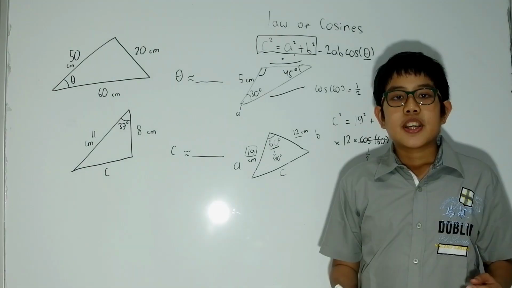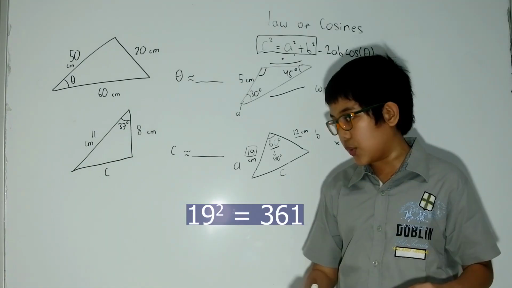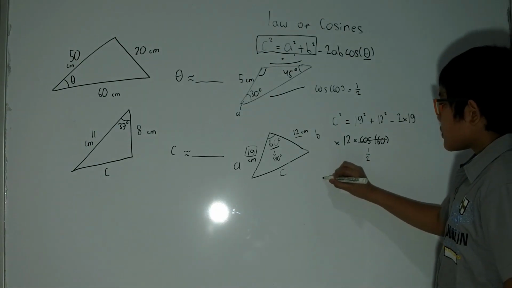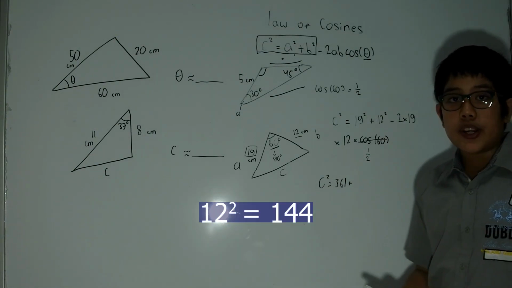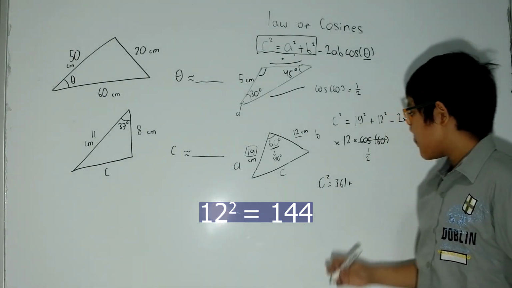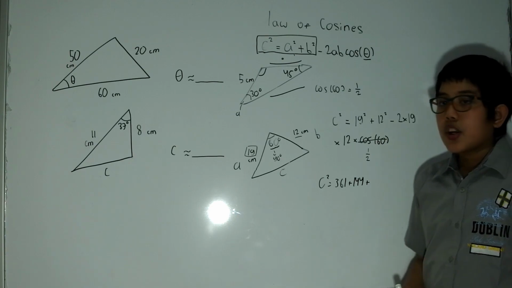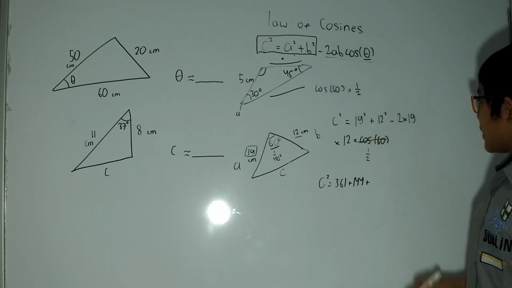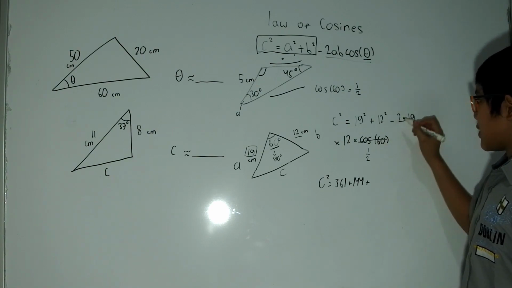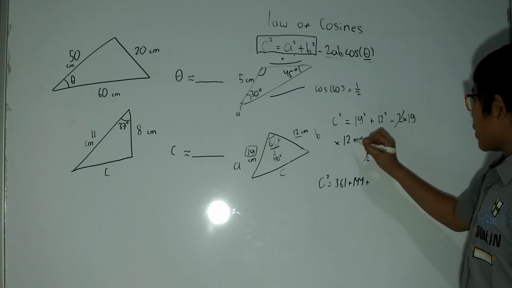So then, because we know that 19 squared is equal to 361, and 12 squared is 144, then we can plug in our 2AB cosine of theta. Because cosine of 60 is half and this is 2 times, it can just cancel out. So it's 19 times 12.